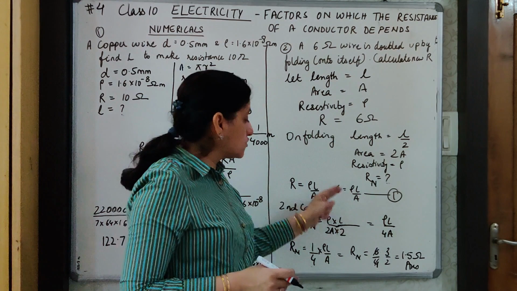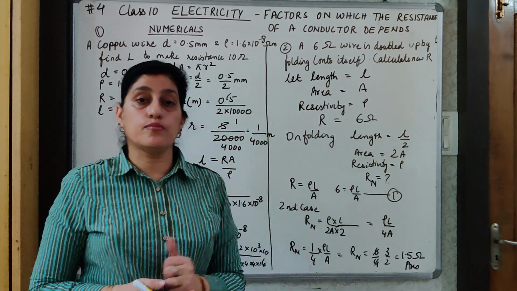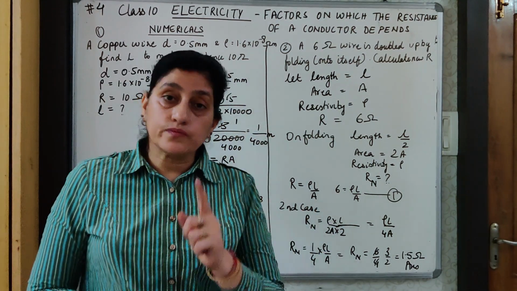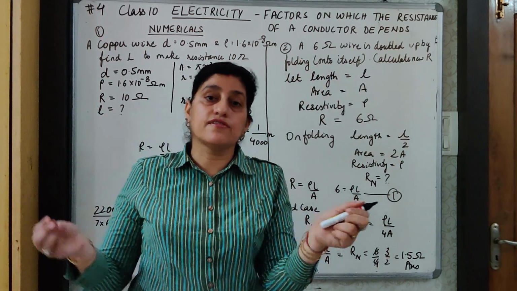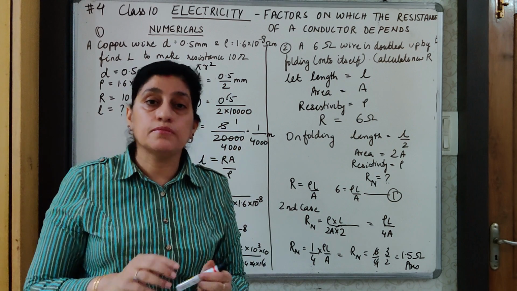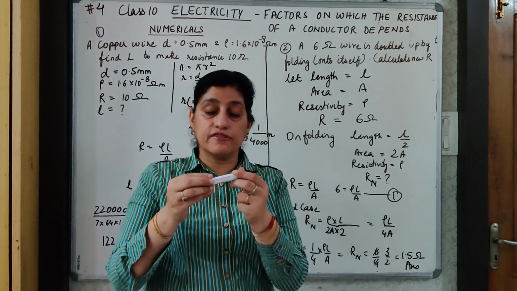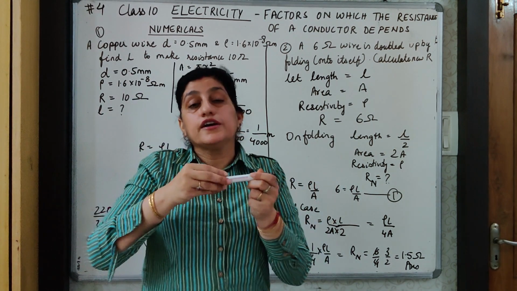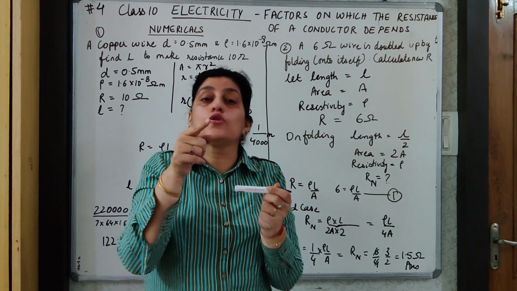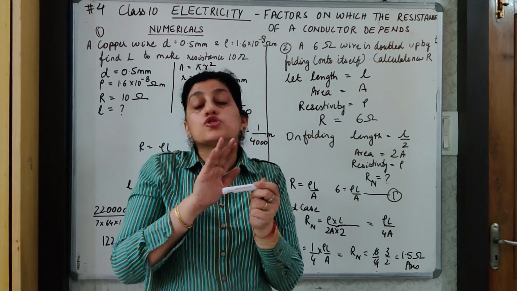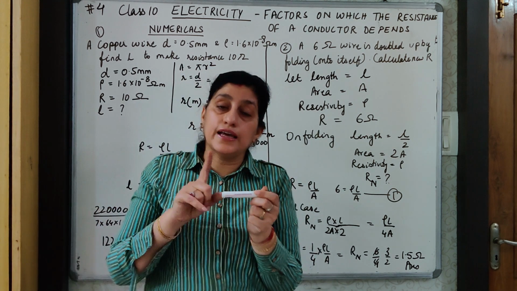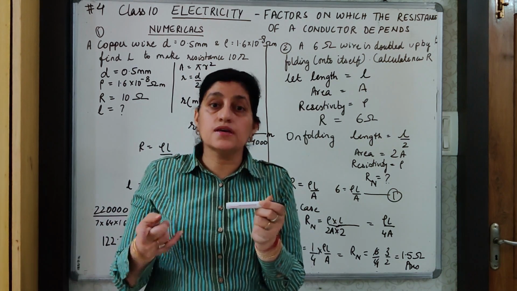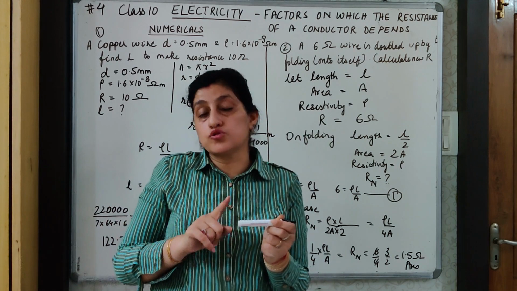So this is how you will be solving numericals of this type. They are important. And one more thing, sometimes the question is given like this, that the wire is folded, and sometimes the question given is that the given wire is stretched. If we stretch the wire, it will go thinner. So if the wire is stretched and doubled in length, the length will become 2 times and the area will reduce to half.